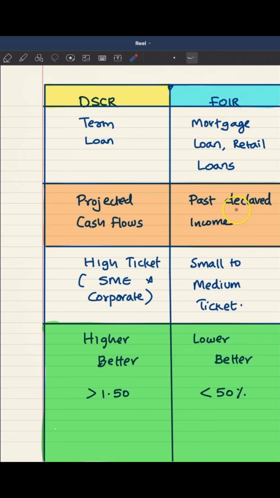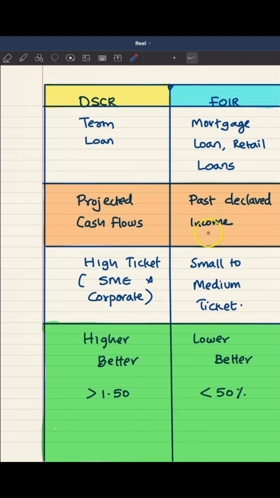Here the bank will be studying what was the past declared income of the borrower, let's say for the past 3 years, with more focus on the immediate last year. So this income will be taken as base, and that will be extrapolated for the future. Maybe that will be frozen at the same level without a significant increase.